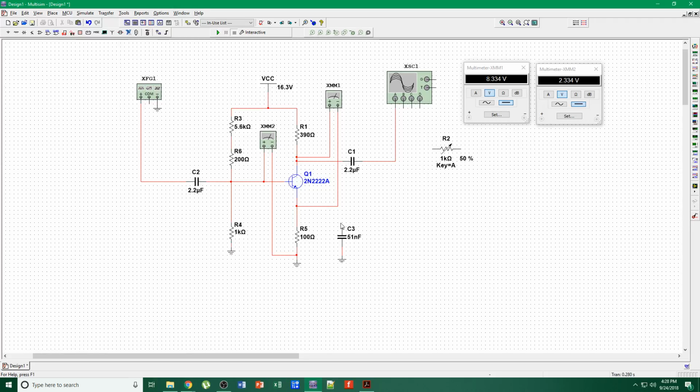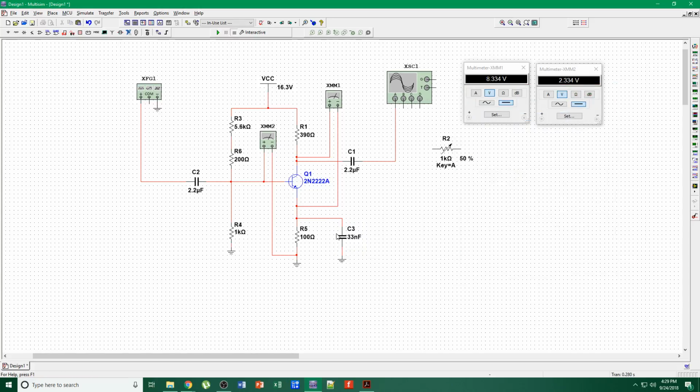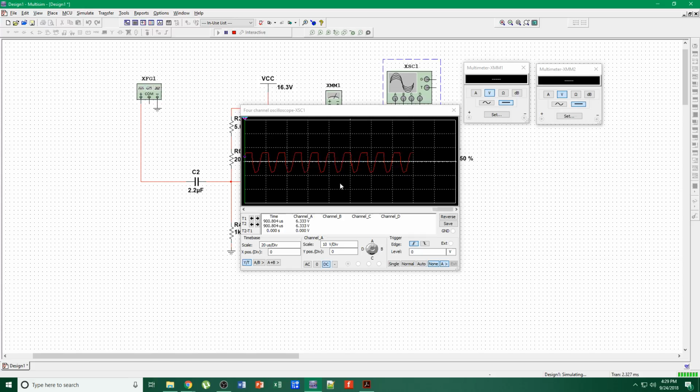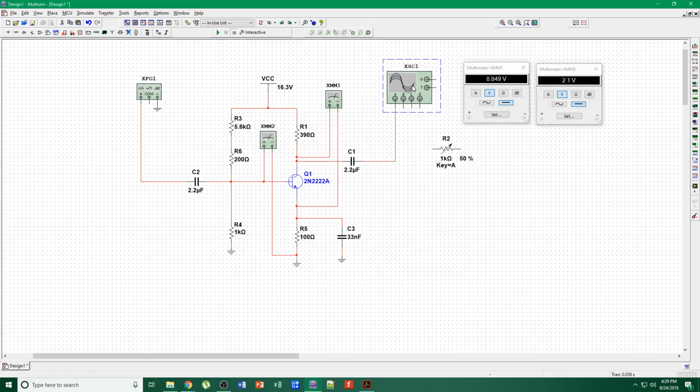Let's put this back. Put these back here. And we'll start changing this. We'll put this to 33 nanofarad. And view our oscilloscope. It's still clipping, as we can see, and this oscilloscope is really terrible.